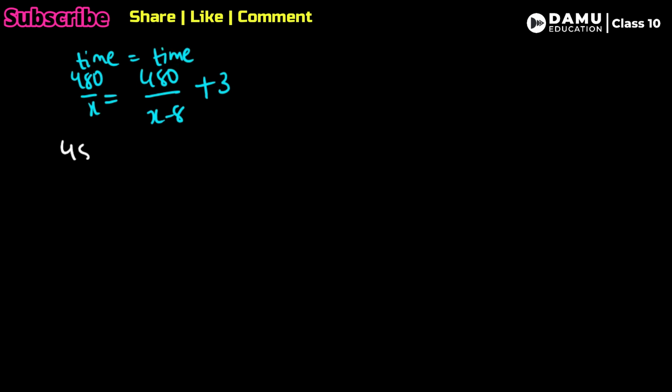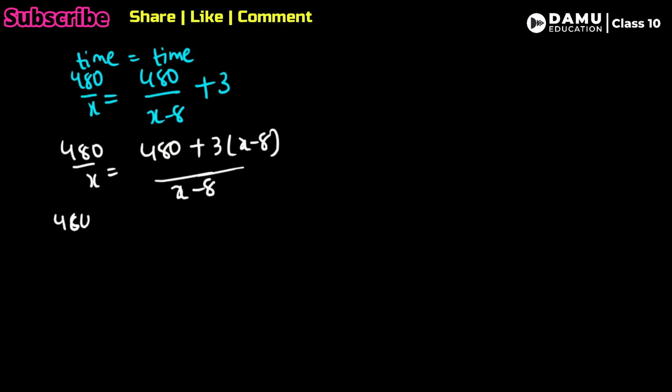So 480 by x will be equal to 480 plus 3 into x minus 8, taking the LCM x minus 8. So 480 by x equals 480 plus 3x minus 24 by x minus 8.